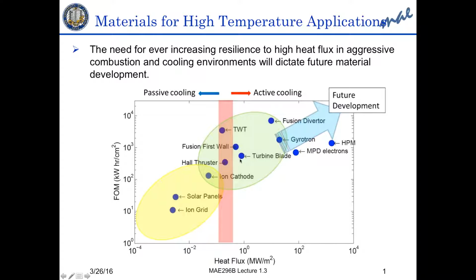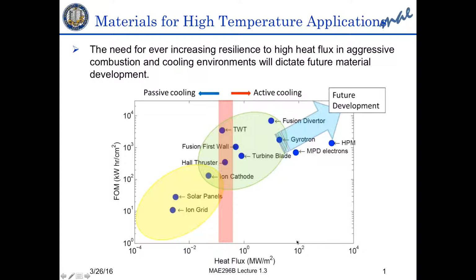Now, if you go to turbine blades in jet engines, then the heat flux is relatively high. That's approximately 1 megawatt per meter square on the blades themselves, and therefore they last only a short duration, several hundred kilowatt hour per centimeter square, and so forth. All of this indicates that future developments will put higher demand on materials in terms of their heat flux capabilities.